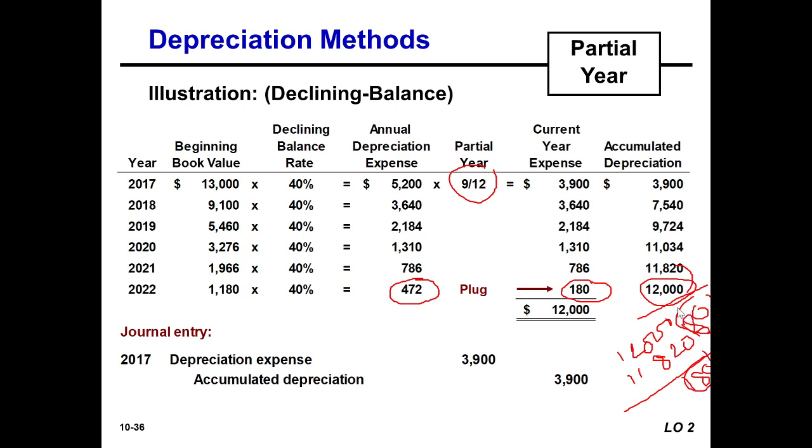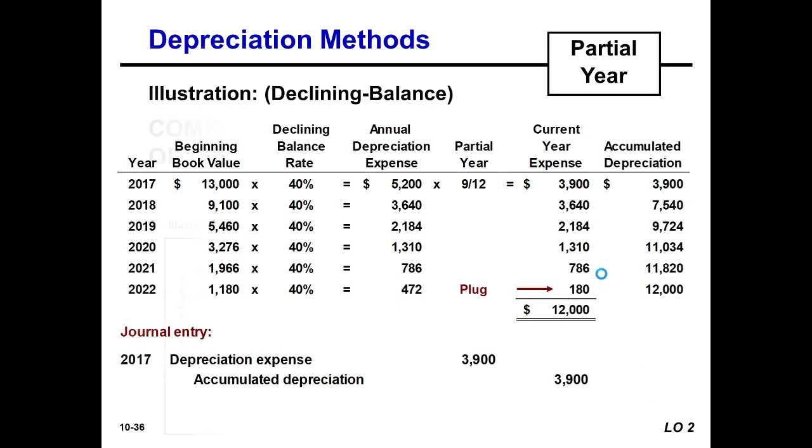This is 180. Thus after subtracting this figure from this figure, we get this 180. Okay, this is what you call the balancing figure. So here this is the beginning book value, and then declining balance rate 40%, and the same matters. This is 9 months, and this is for 3 months. Okay, this one is 3 months, and this one is for 9 months. And this is the accumulated depreciation. Okay, I think everybody is clear.